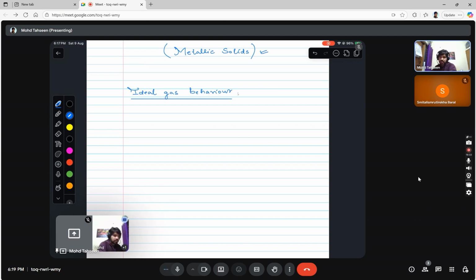So the main assumptions that we make while treating a gas as an ideal gas is that the atoms or molecules making up that gas do not interact with each other. Okay, so no interaction between constituents.